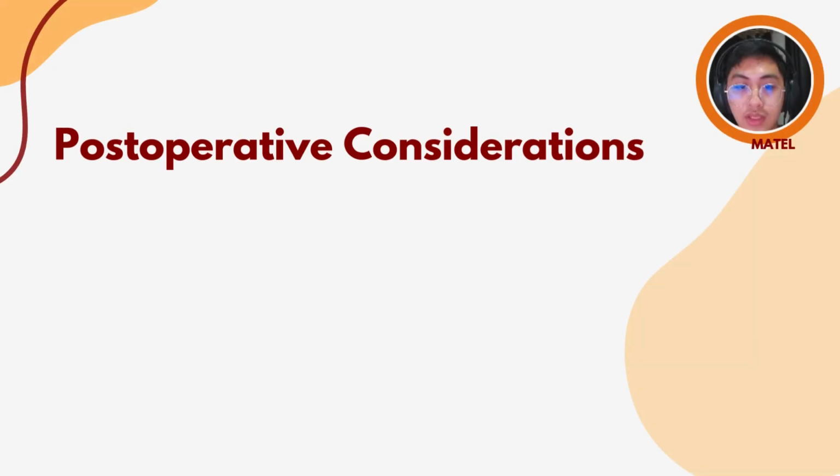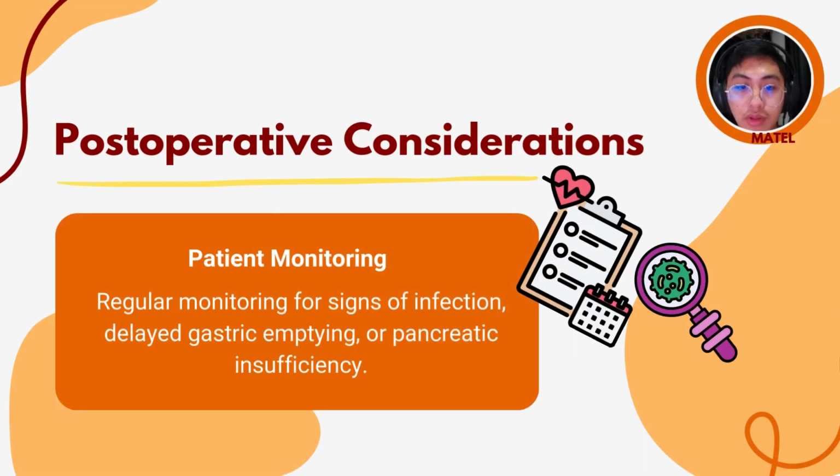It's very common that we do patient monitoring whenever we do a surgical procedure because we have to watch out for the signs and symptoms that may exacerbate the problems of the procedures.